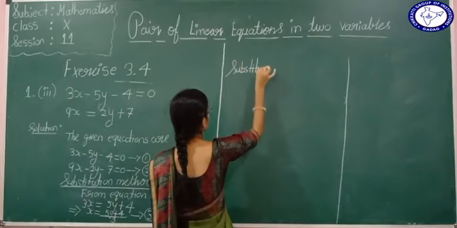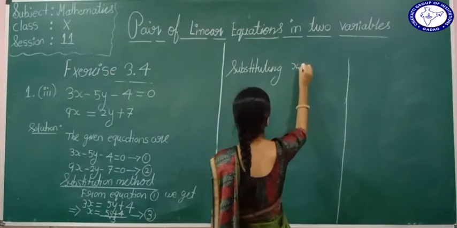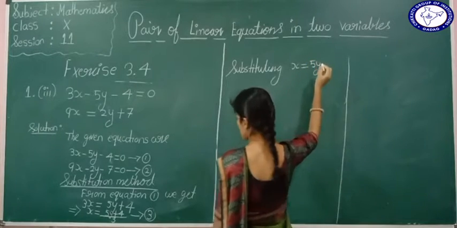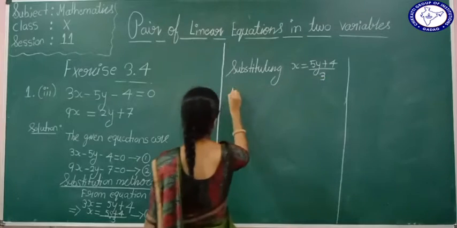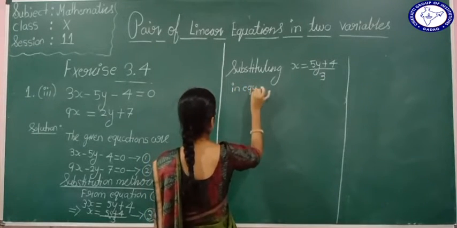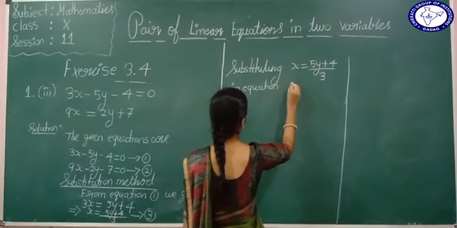Substituting x is equal to 5y plus 4 by 3 in equation 2.